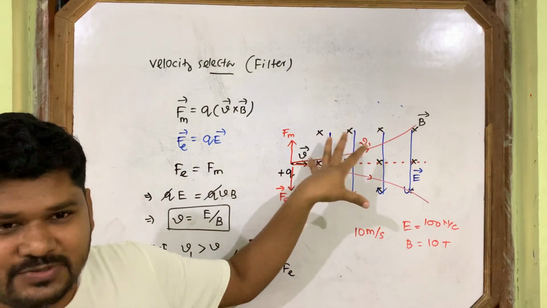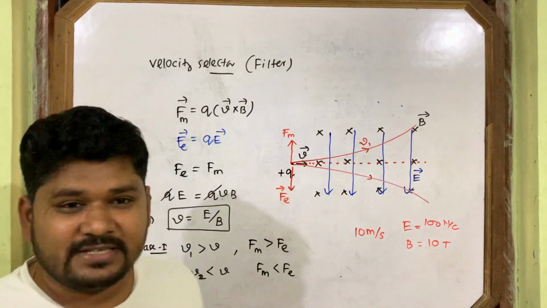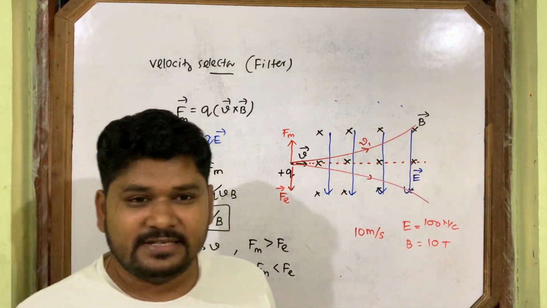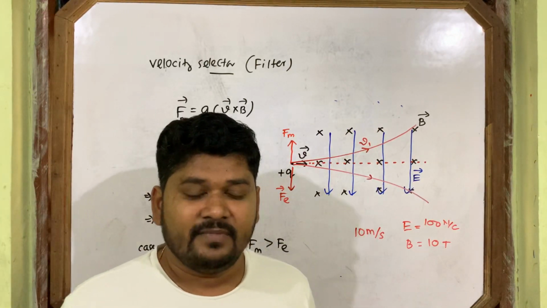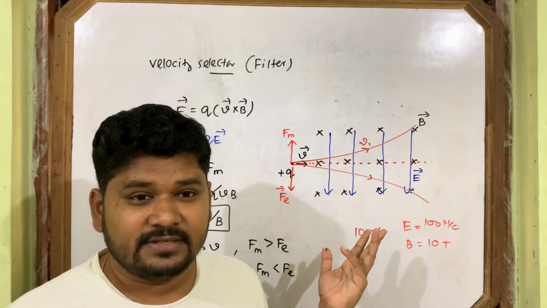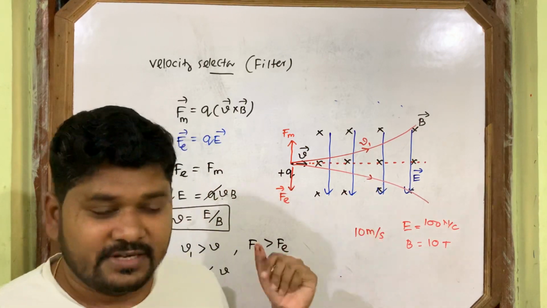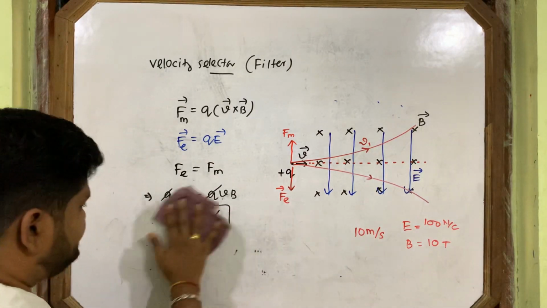So it is used as a velocity filter, a velocity selector. This is the main mechanism of the velocity selector, and based on this, your spectrometer works. So that's the application of this. It is used in spectrometer.